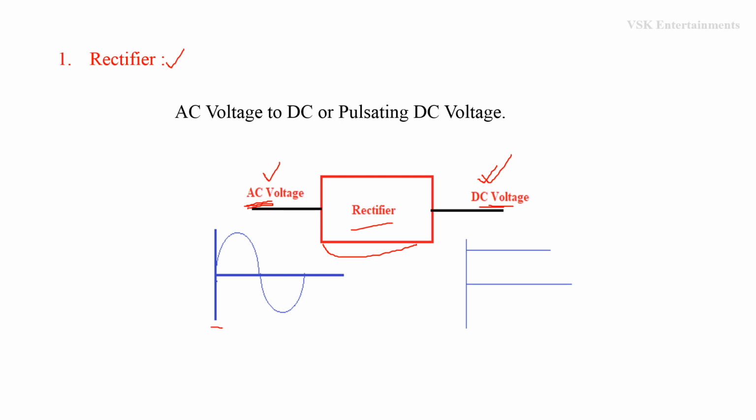This is the waveform for AC voltage. We give this waveform to the rectifier circuit as input. Then we get this waveform, which is the DC waveform. So this is the circuit. A rectifier is a circuit which converts AC voltage to DC or pulsating DC voltage.